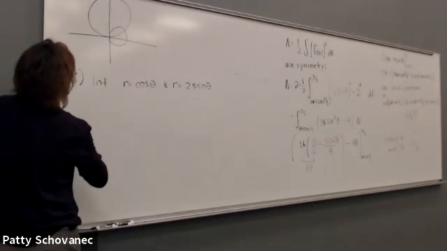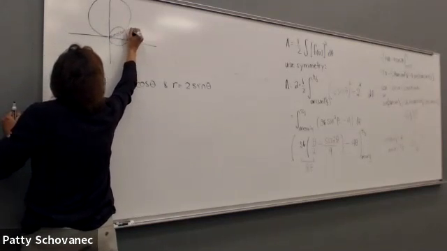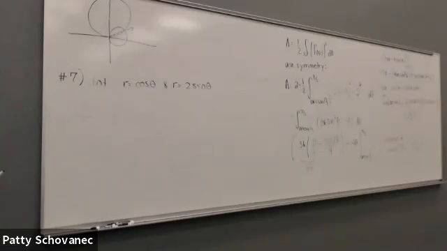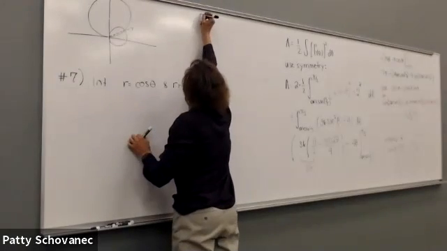So we need to find where they intersect. We need to make it a little bit bigger so everybody can see it. I'm going to rub that out and make it bigger. Y-axis circle.